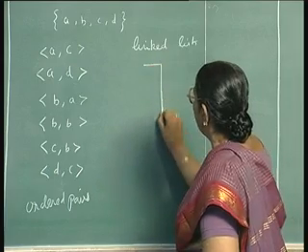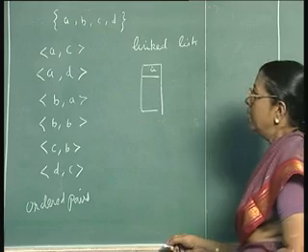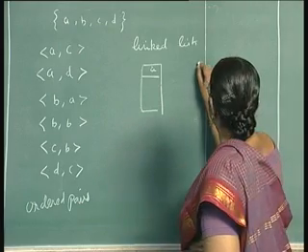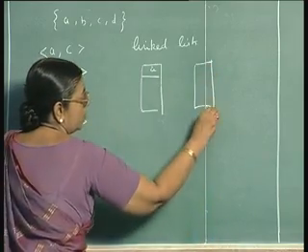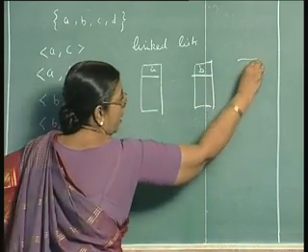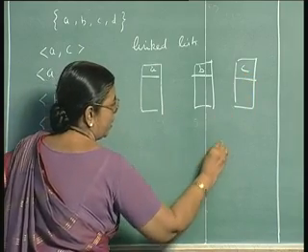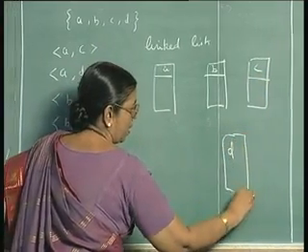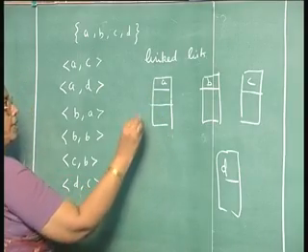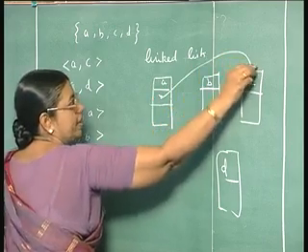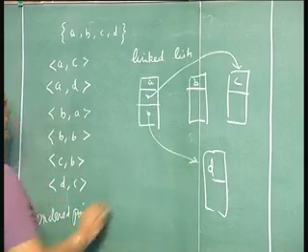So each node will be represented like this. For example, A, B, C, D will be represented. From A, there is an edge to C, which will be represented by this, and then there is an edge to D, which will be represented by this.